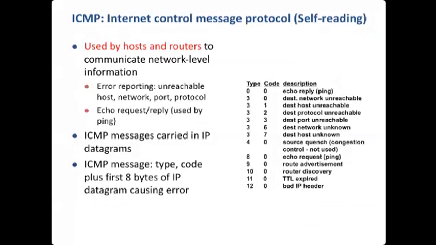You send a ping, use ICMP, put code 8 and 0 and send it to some server, and of course in the IP destination address you have to write it. Similarly, second row from top, you can see destination network unreachable, which is 3 0, and so on and so forth. TTL expired is 11.0, bad IP header is 12.0, then destination host unreachable is 3.7, and all this you use, right?